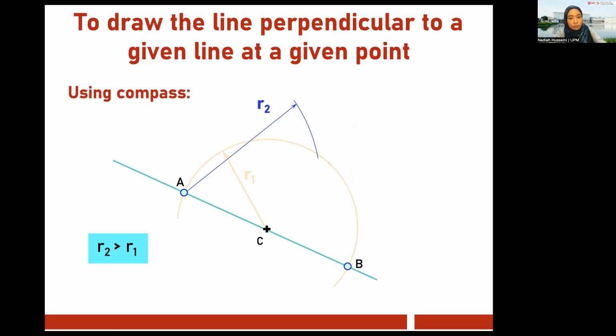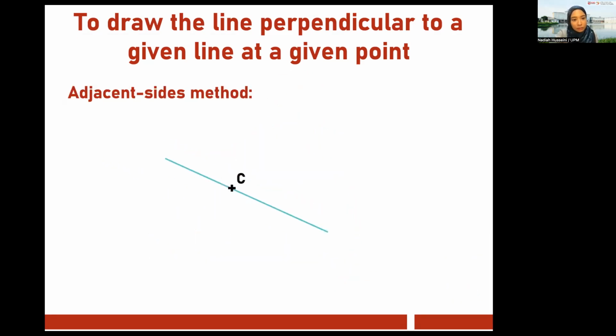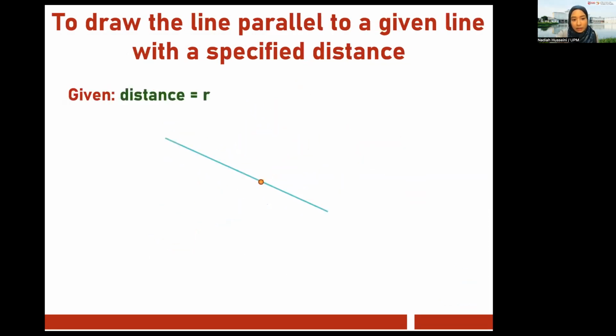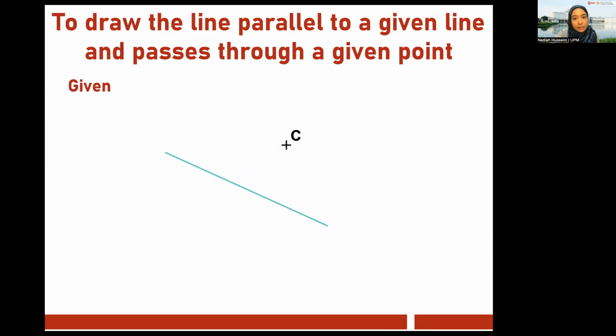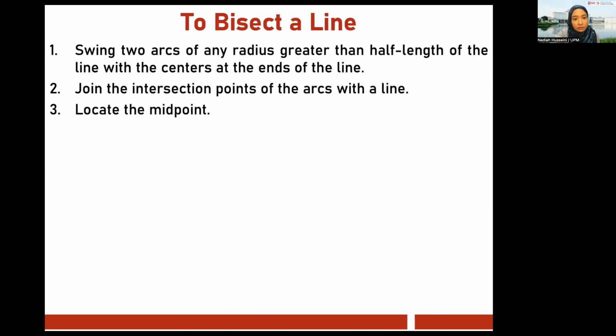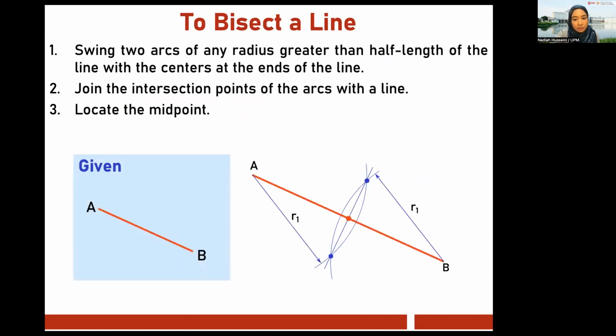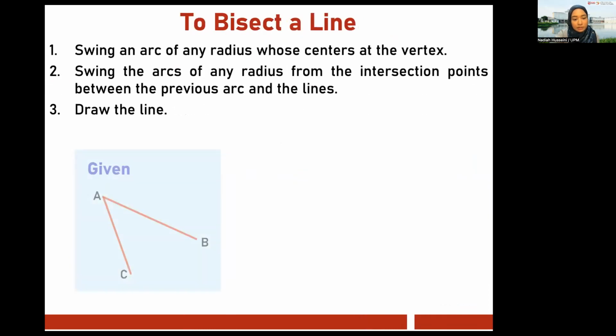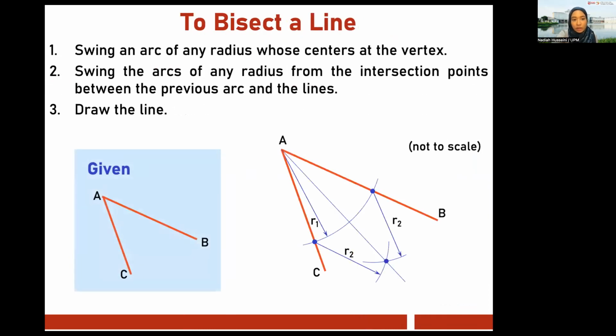So let's go back to that slide yang kita tengok tadi tu. Sebab banyak I'm trying to help you guys to relate from one content to another. Bisect a line, this one, no, not this one, to bisect this line. Okay, so you have your big arc and your two other arcs over here, and whichever point that they intersect, that's your midpoint.